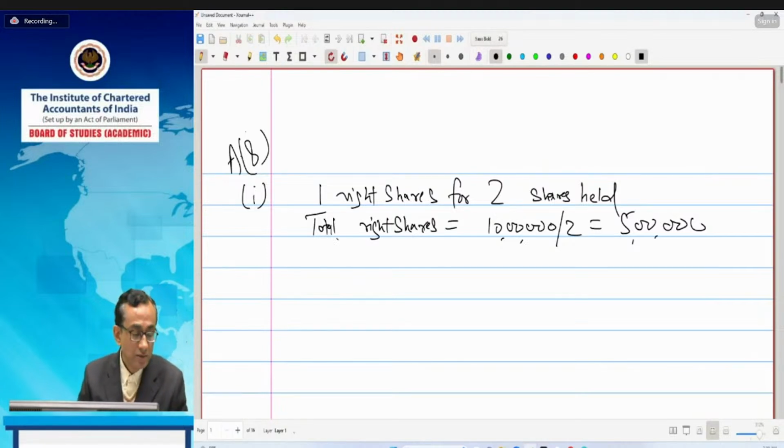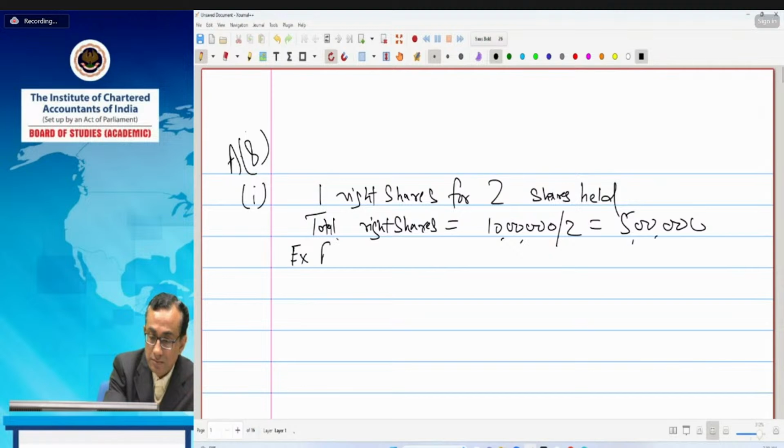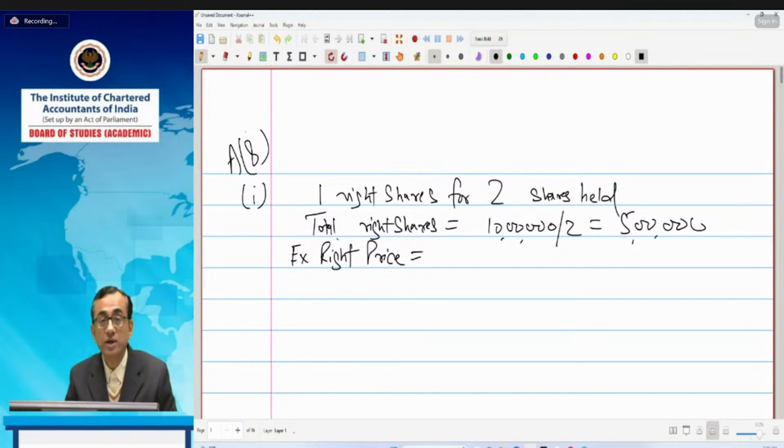Now we will calculate the ex-right price, that is, the price after the issue of right shares. So we will utilize this formula.